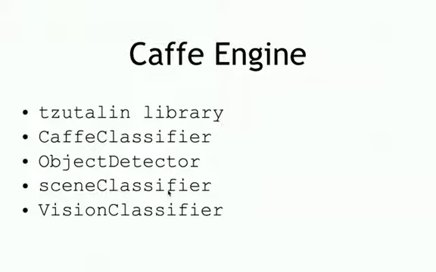Caffe classifier is basically the loading of the Caffe library into the Android OS, and vision classifier is basically defining our Caffe pretrained model, so that while processing the image we can utilize the pretrained model from the SD card.